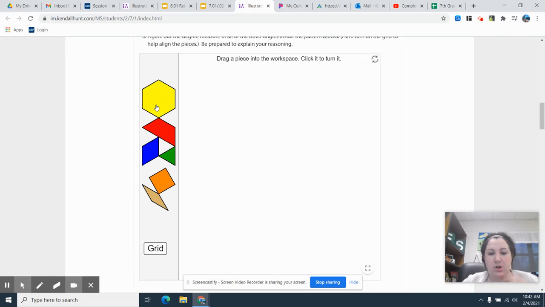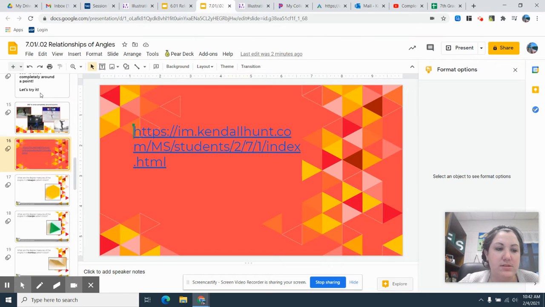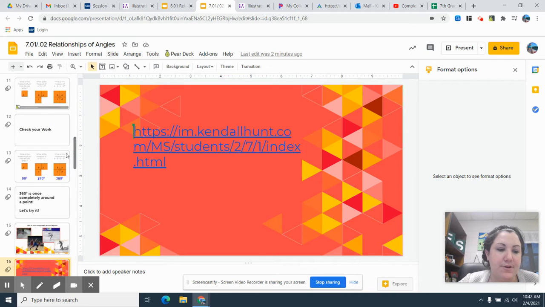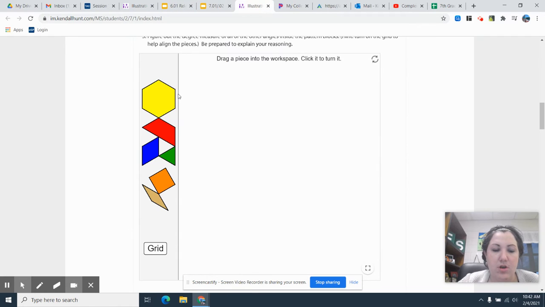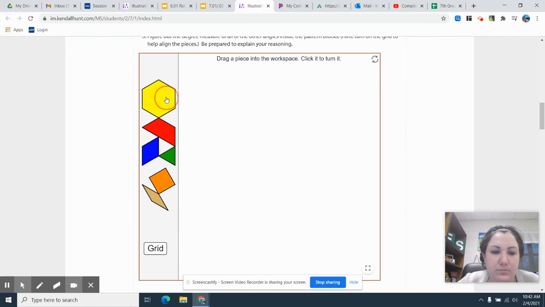And you're going to work to drag the pieces, and you want the angles to make a circle very similarly to how we did the squares here. So, for example, we'll start with the hexagon, okay? So I have one angle of a hexagon, and I'm going to match up with a similar angle.